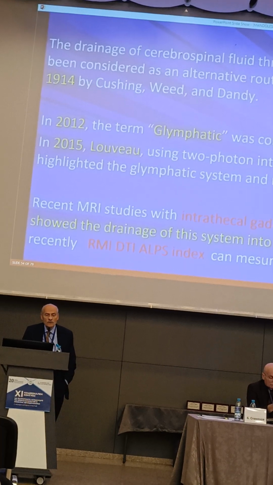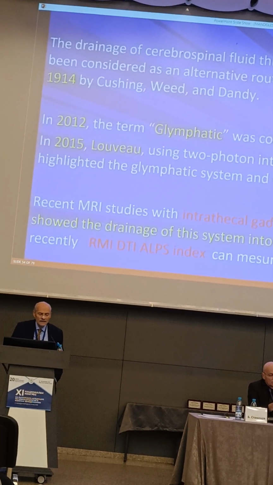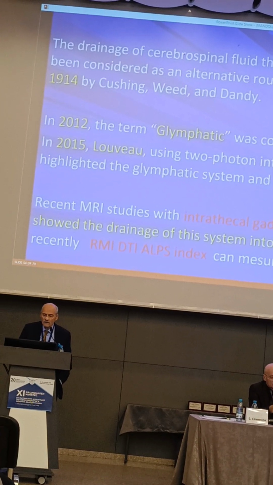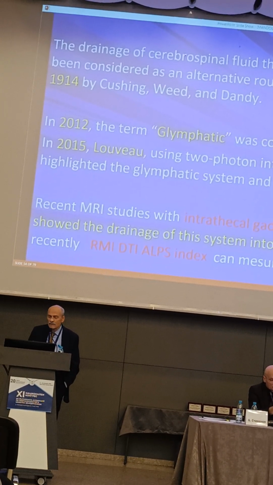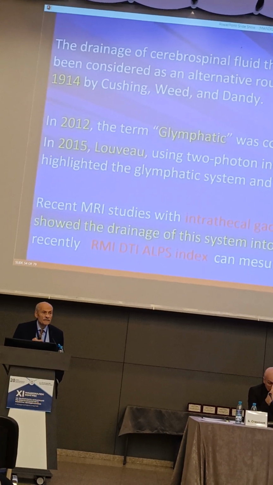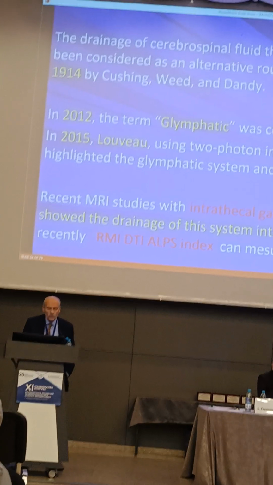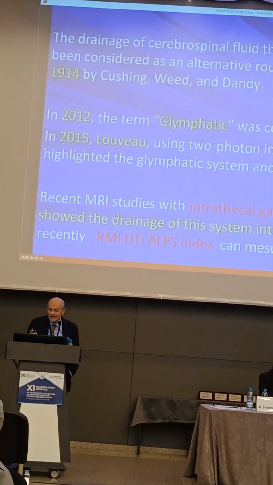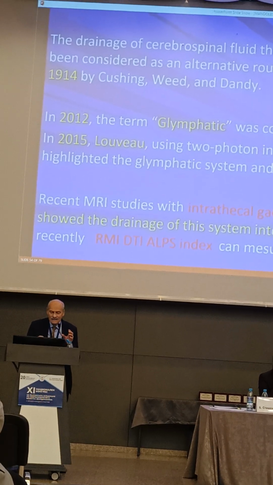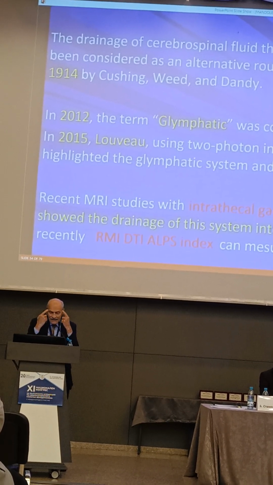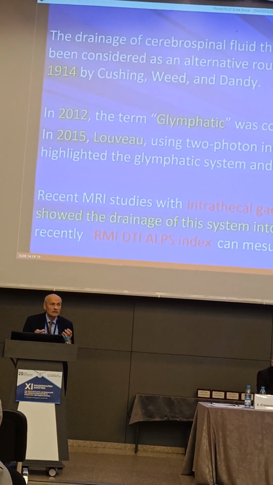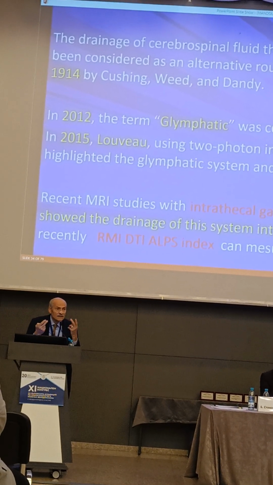In 2012, the term lymphatic was coined for the first time by Leaf. In 2015, Louveau, using 2-photon intrathecal electron microscopy, highlighted the lymphatic system and meningeal lymphatics. He looked at the lymphatics in the brain.